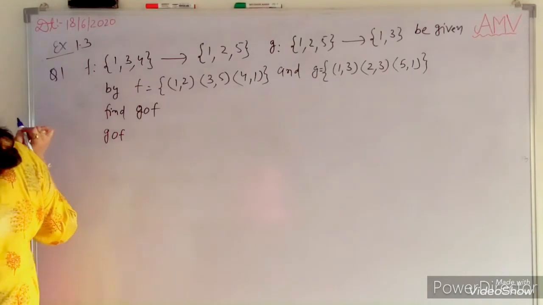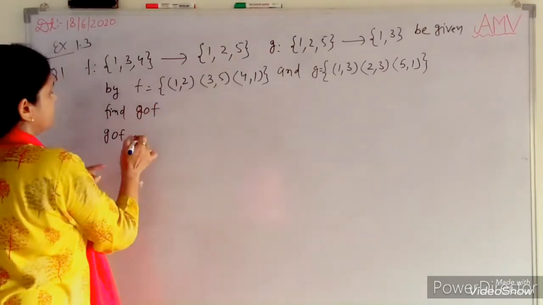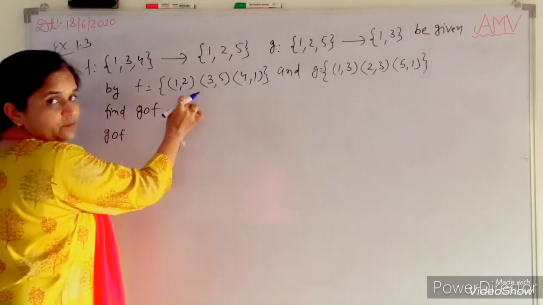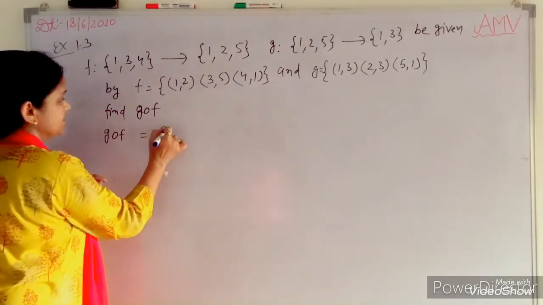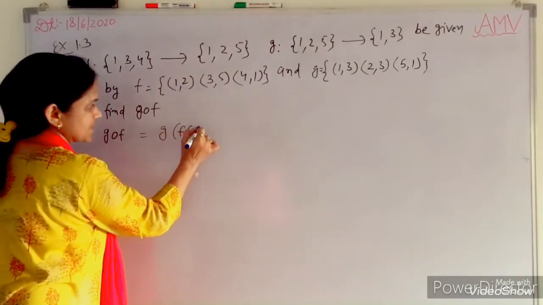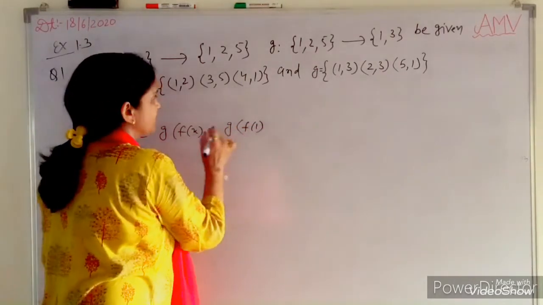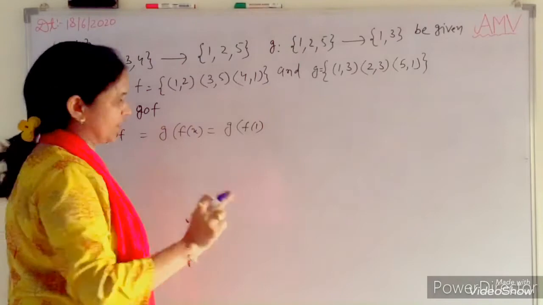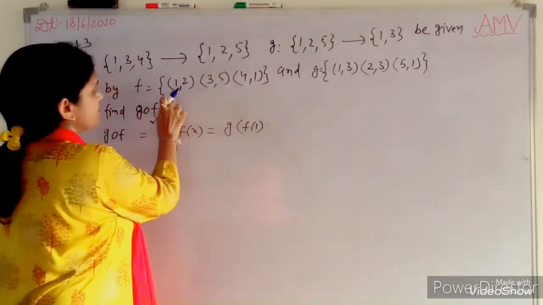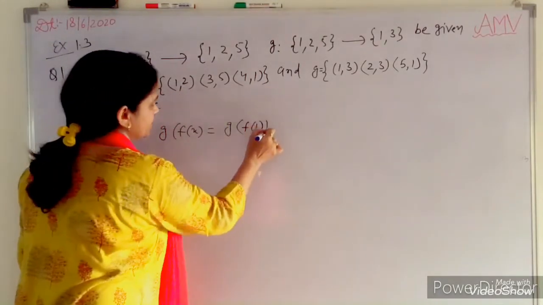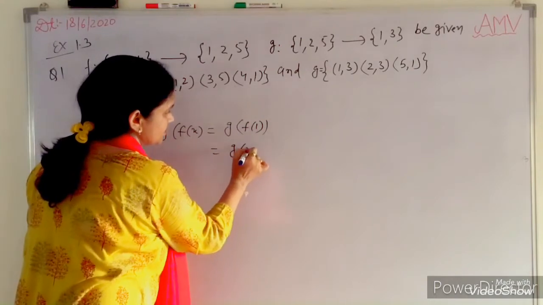Now, GOF. I am starting from F, student. It is G(F(x)) like this. GF(1): the first element is 1. Here, student, the image of 1 is 2, so it's G(2).